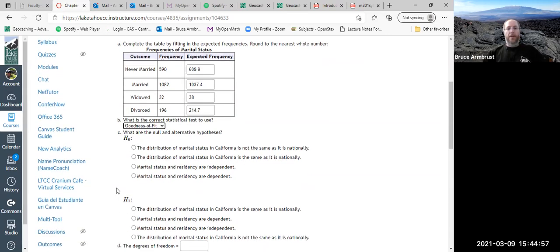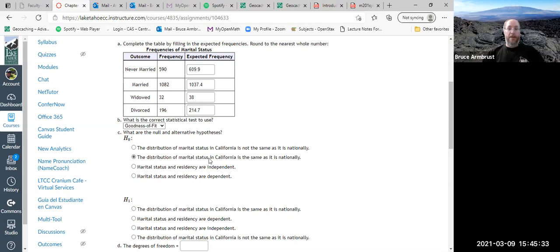All right, so what are the null and alternative hypotheses? Our null hypothesis is going to be that the distribution in our sample, our California distribution, is the same as national. So we're going to click this one right here: the distribution of marital status in California is the same as it is nationally. Remember, the null hypothesis is always an equals, and that's basically what we're saying here.